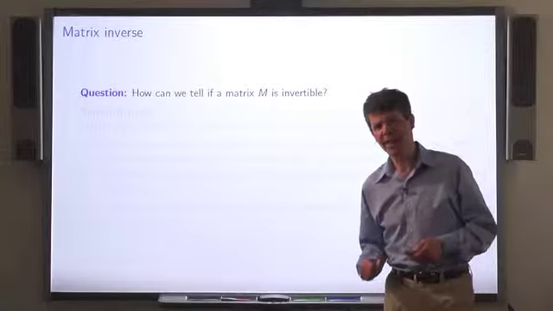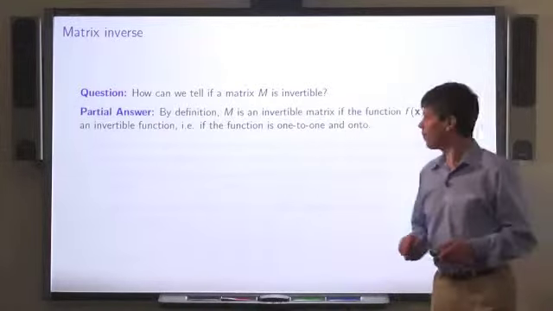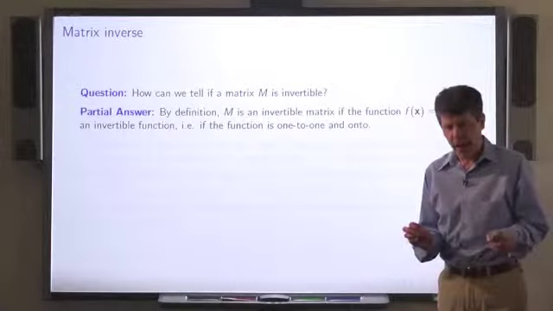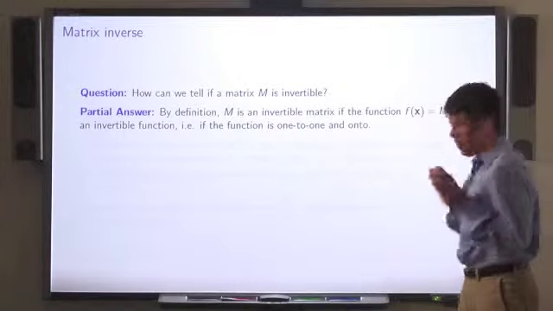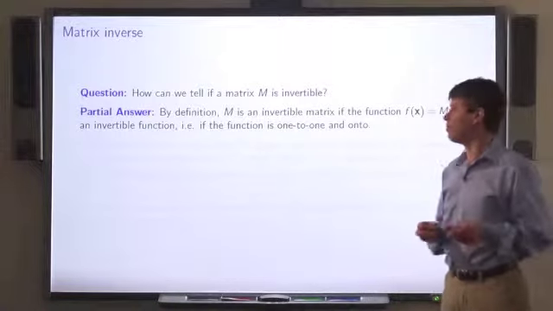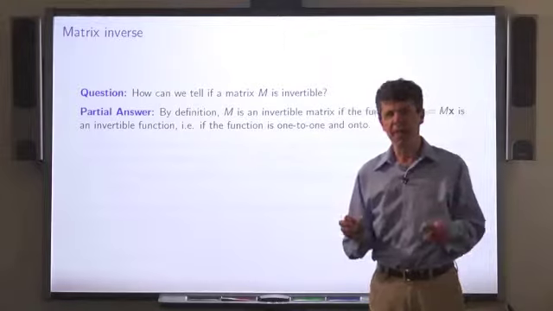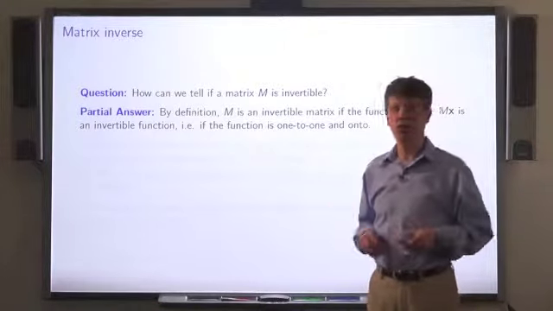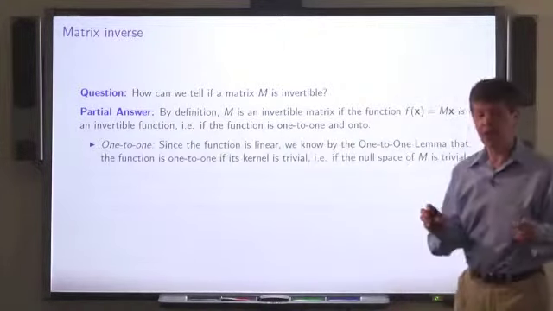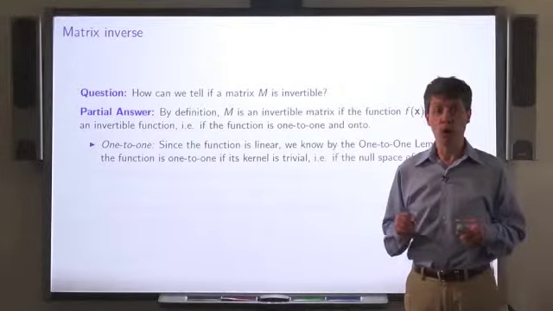How can we tell if a matrix is invertible? Well, a matrix is invertible if the corresponding function is an invertible function. And we know that a function is invertible if it's one-to-one and onto. Now, we have a criterion for linear functions being one-to-one.